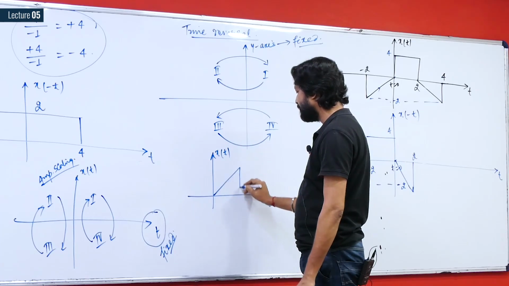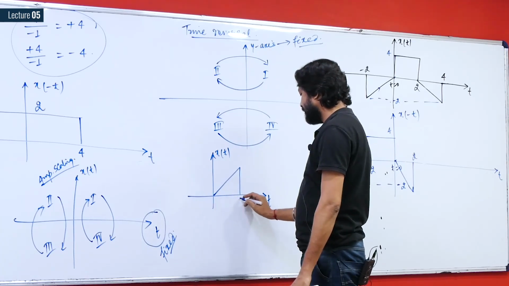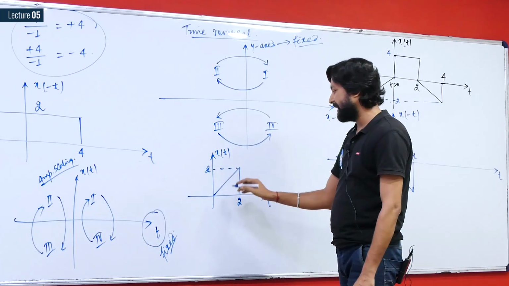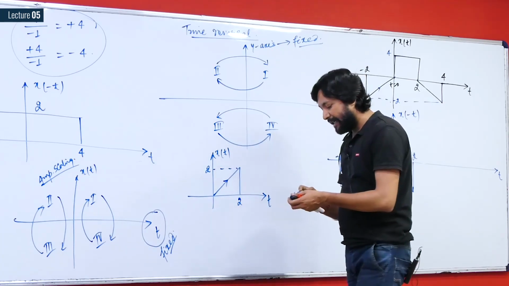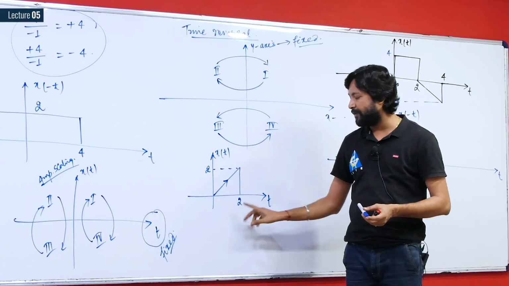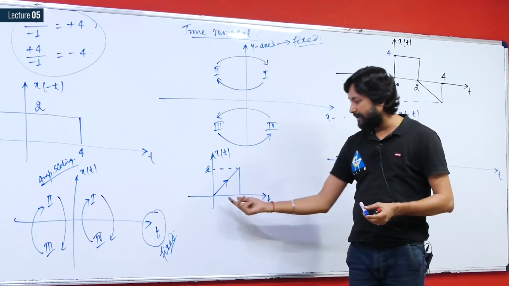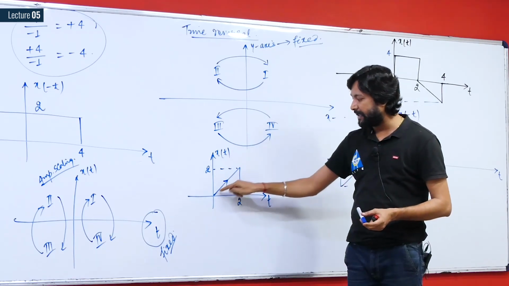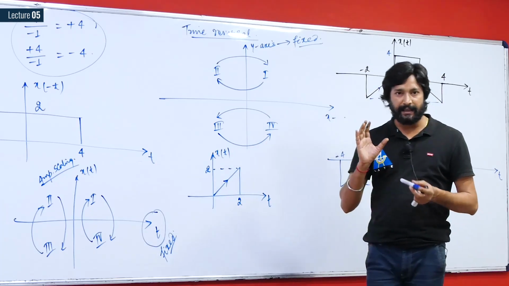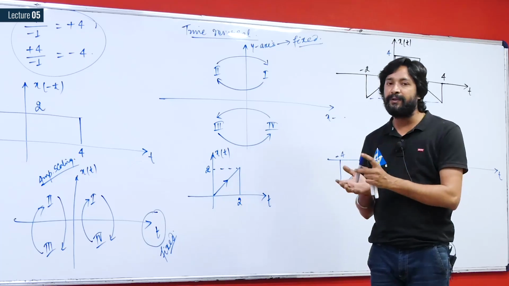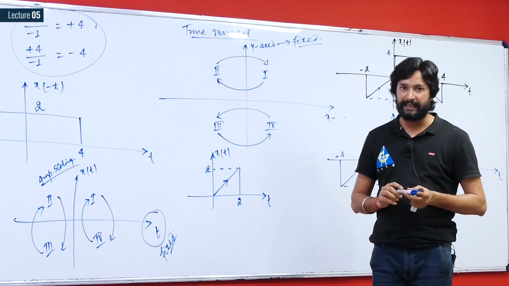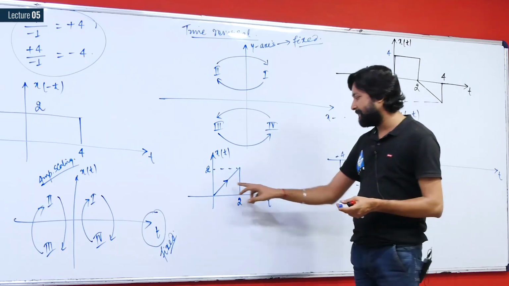Between 0 and 2 seconds the value changes, and the signal follows a straight line in the duration t equals 0 to 2 seconds, whose slope is positive. That is why the value is increasing. Whenever there is a positive slope in the signal and you apply time reversal, you will definitely have a negative slope in the resultant signal.